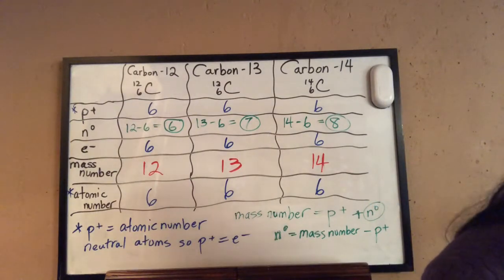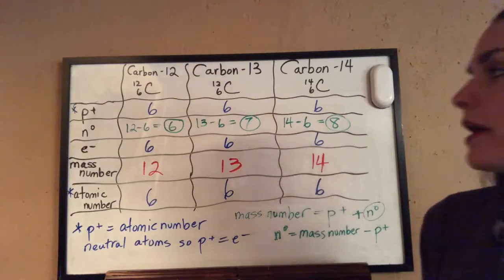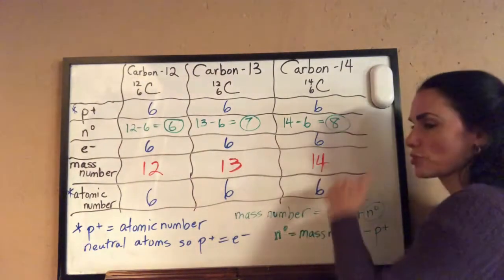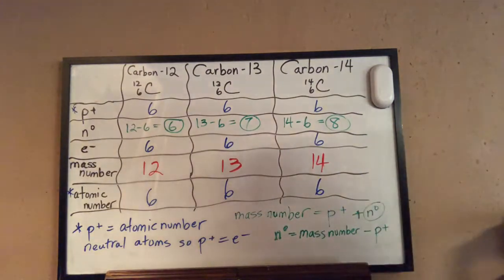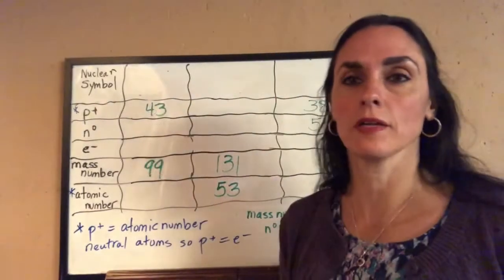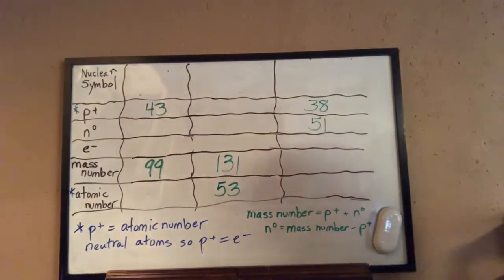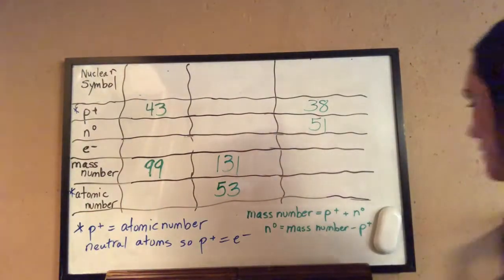Okay? Let's do another example with 3 different isotopes, and some of the chart already filled out a little bit differently. Okay. All right, let's say that you are presented with a chart that looks similar to this, that has some information filled out.